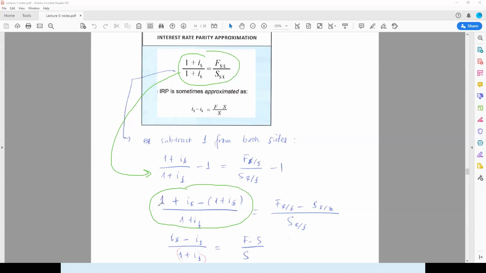The 1s cancel each other out, and I'm left with the interest rate in the US minus the interest rate in the UK, divided by 1 plus the interest rate in the UK. On the right-hand side, I'm going to take the common denominator, and then I will get this ratio here: F minus S divided by S.